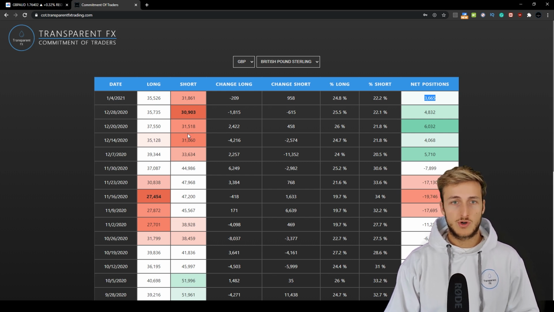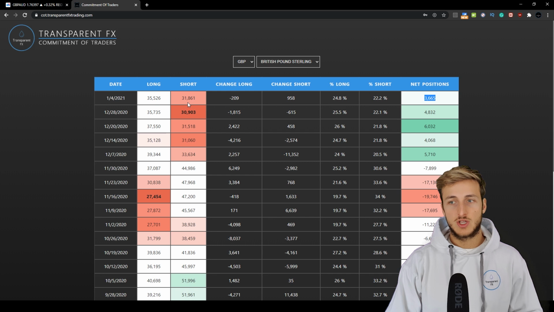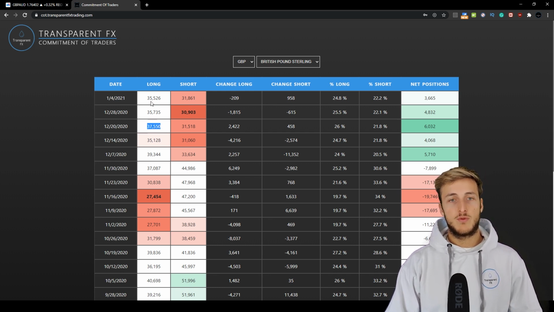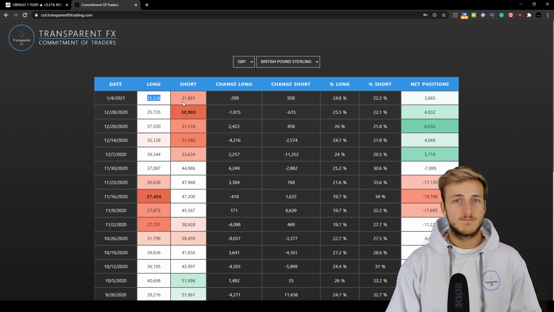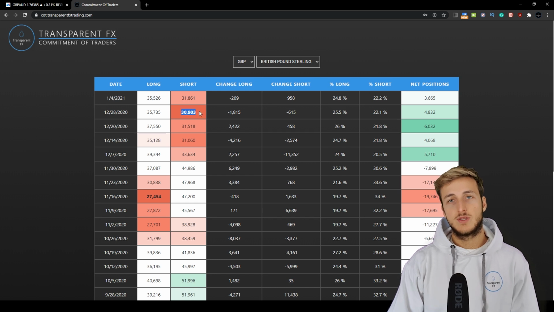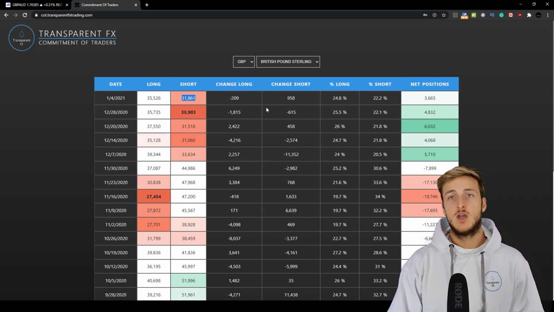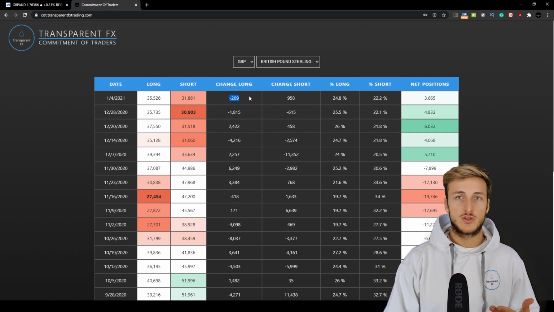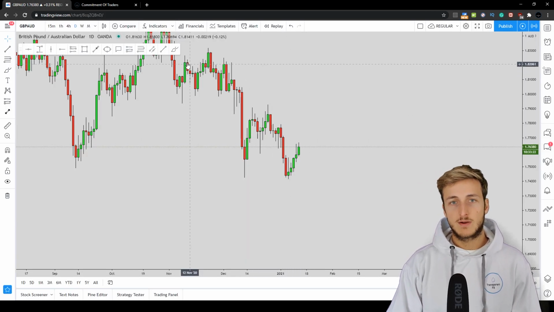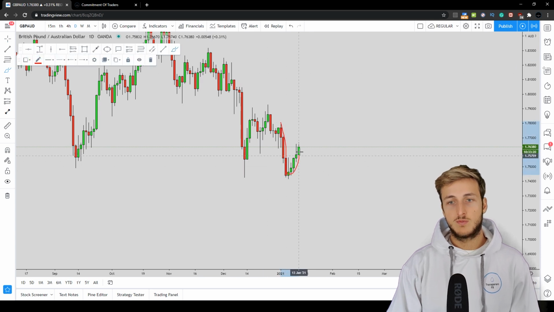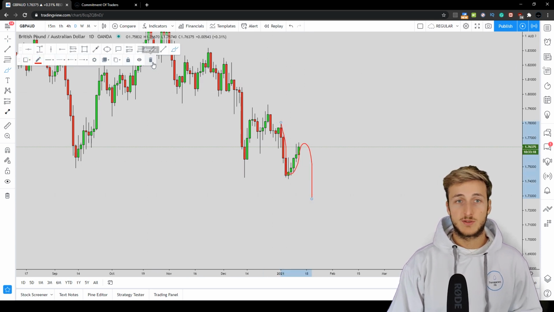Longs got decreased from 37.5K to 35.5K, and shorts got a little bit increased from 30.9K to 31.8K. So with the last report, we can clearly see that 958 shorts got opened and 209 longs got closed. So overall, the pound is starting to get a little bit weak. Therefore, there is the possibility to see the market complete this impulse, correction and impulse pattern to the downside.